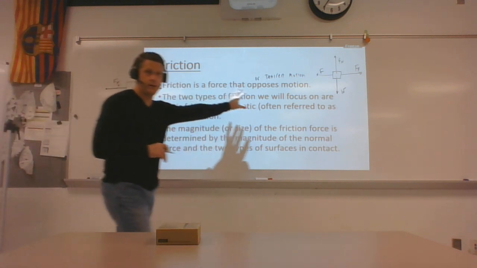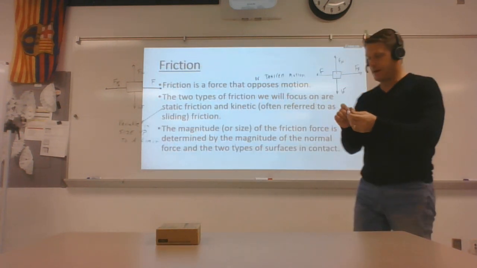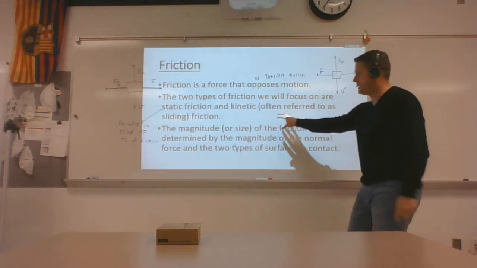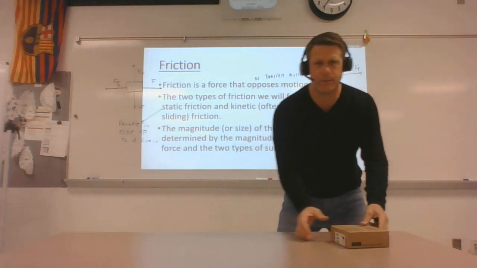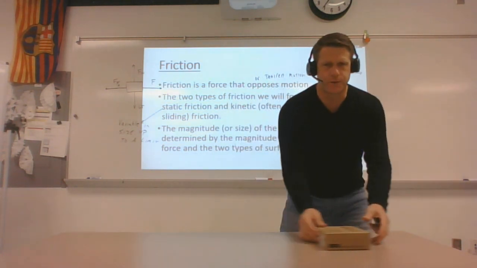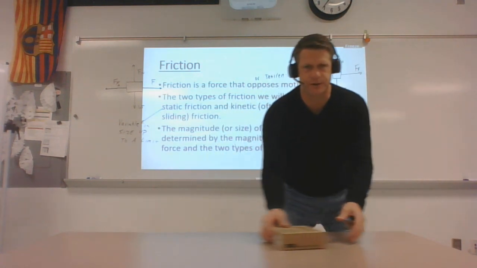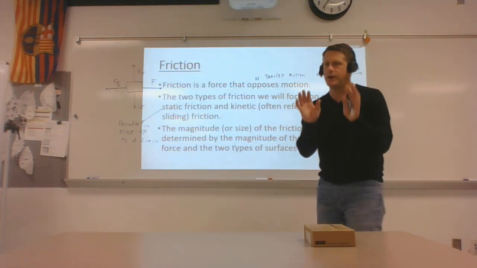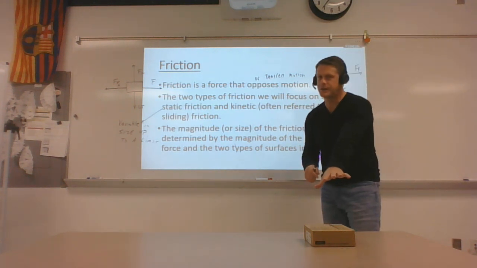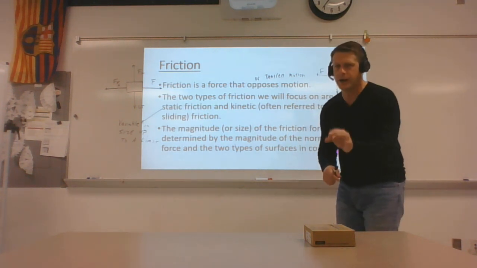Kinetic friction is not a variable amount of friction. This is a set specific amount. As this thing slides across the table, the amount of friction between these two surfaces is a set amount. The static friction is what is variable. Right now, there is no static friction because this has no desire to move.